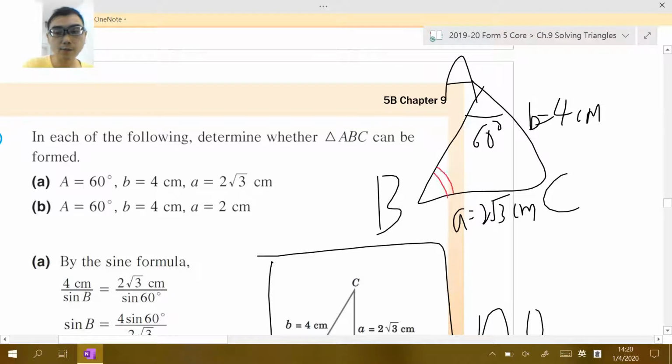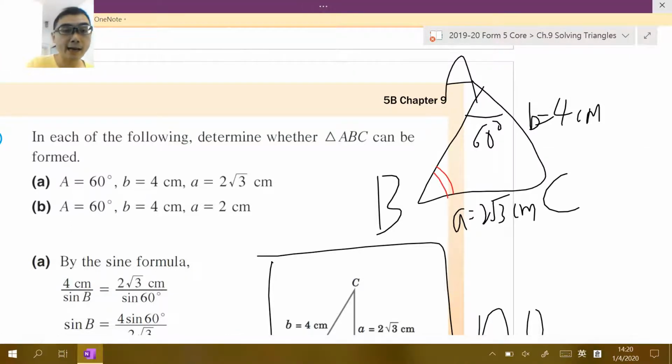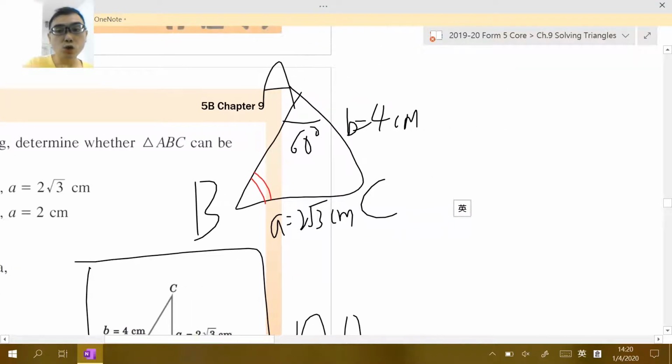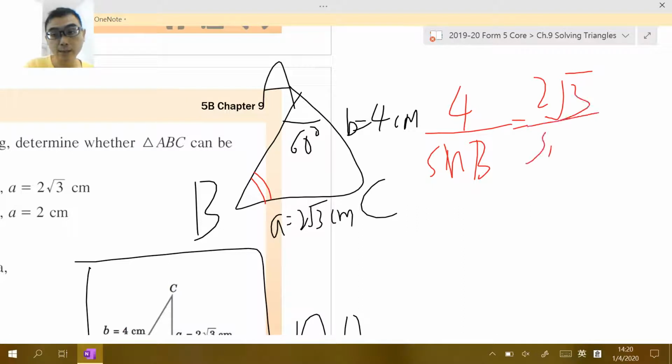In order to solve this triangle, first of all, you may have to find this angle. Then you can use the sine formula to solve. This time I should say 4 over sin B equals 2√3 over sin 60.